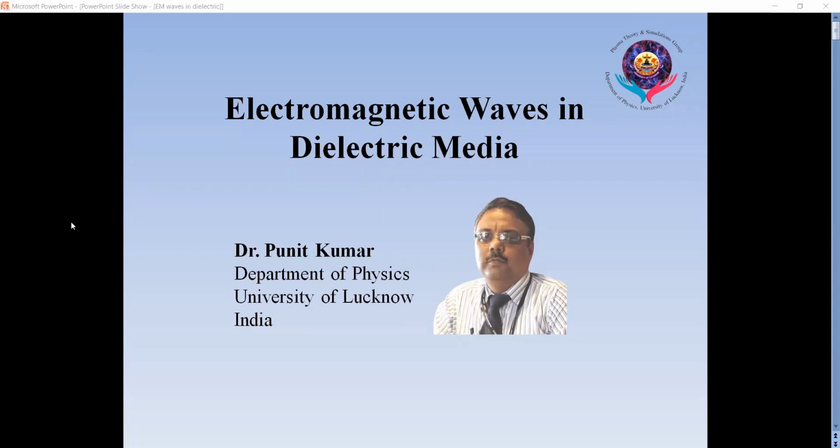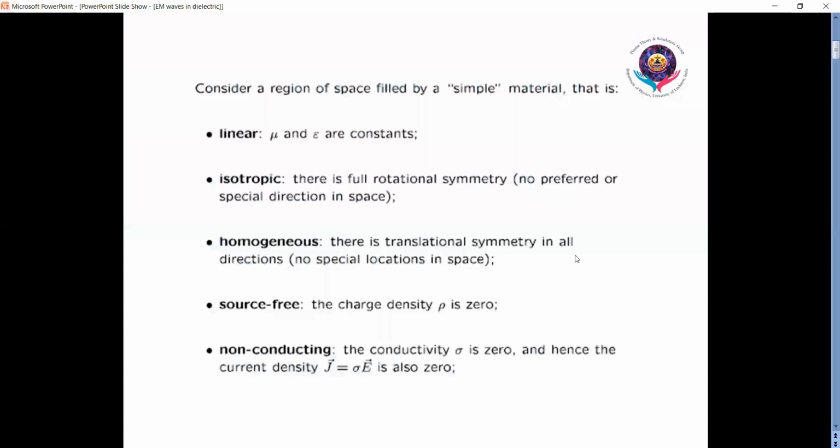So we start with some basic terminology. We assume that our material is a linear material. That means the permeability and permittivity are constants.